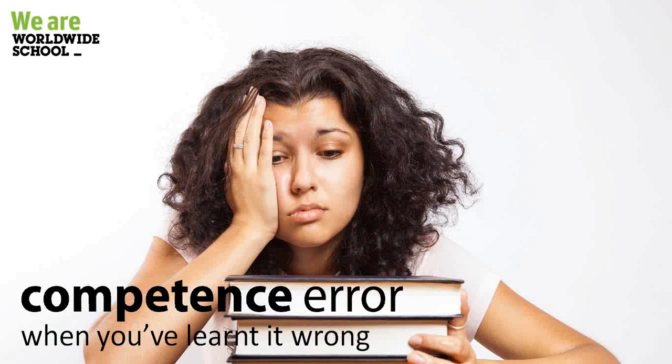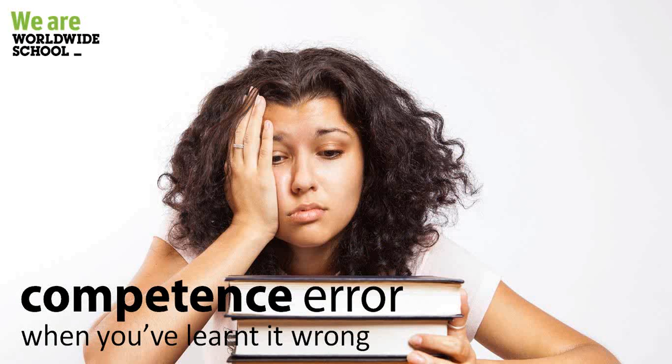Now, the other type of error, because we have those two types, is the so-called competence error, which means that you basically have learned something wrong. Such errors refer to your lack of knowledge of a given language area, and they are more problematic because they might suggest that you have learned something the wrong way.